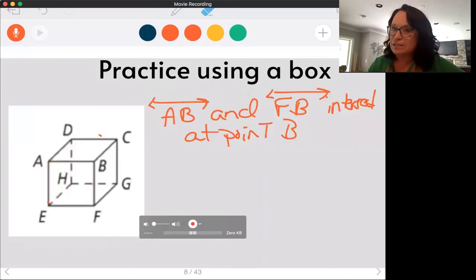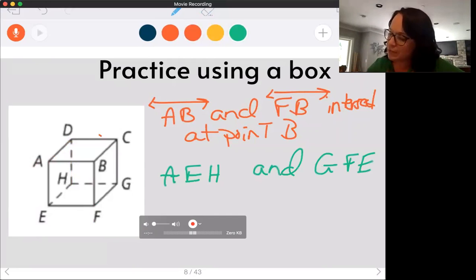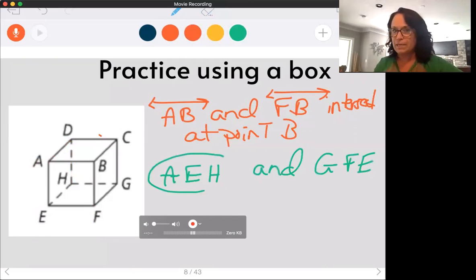You might be asked, what is the intersection of? Let's see. Okay, now notice in green here, these three letters with nothing, that's a plane. So really what that means is I'm walking you into a wall. Like if this is your room that you're sitting in and you're sitting right here taking notes at your desk.